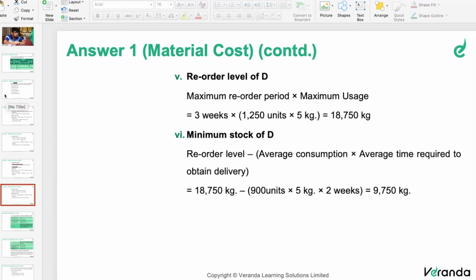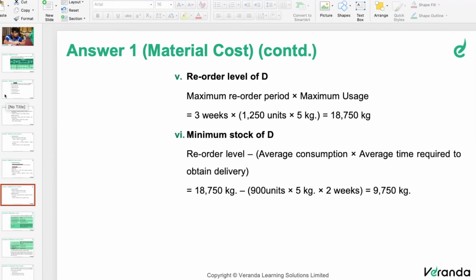So this particular question is purely based on what? Setting of various stock levels. What and all you have to remember? Reorder level, maximum level, minimum level, average level, danger level. Formula for reorder level, maximum usage into maximum lead time. Formula for maximum level, reorder level plus reordering quantity minus minimum usage into minimum lead time.